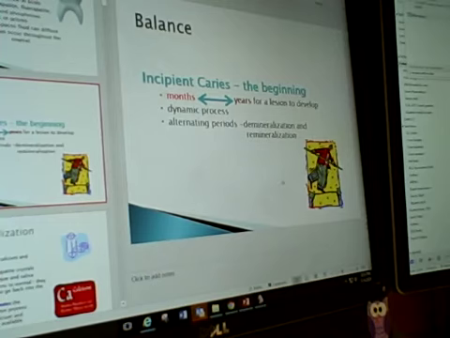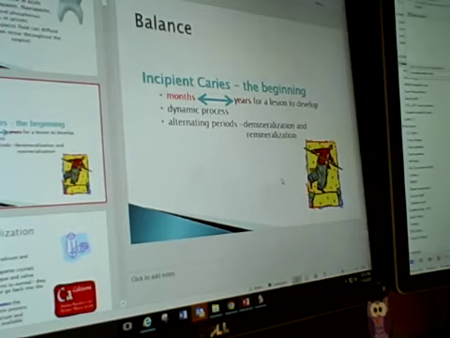We talked about incipient decay, or incipient caries, being the beginning of the caries process, and this is where it's in that outer enamel layer. When we look at the tooth from a side cut view, in the outer enamel layer, the incipient caries starts. Kind of goes like a little triangle. I drew it like a triangle last semester.